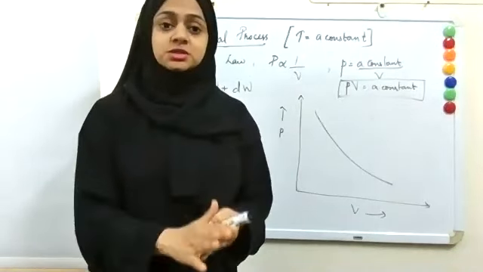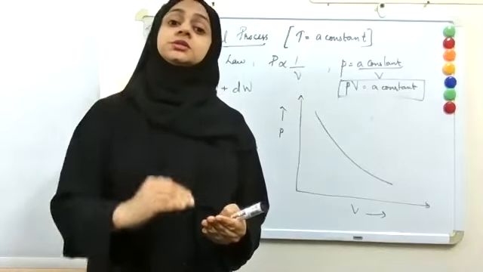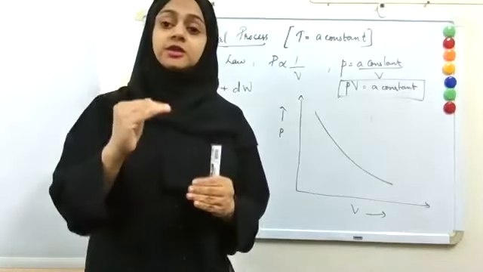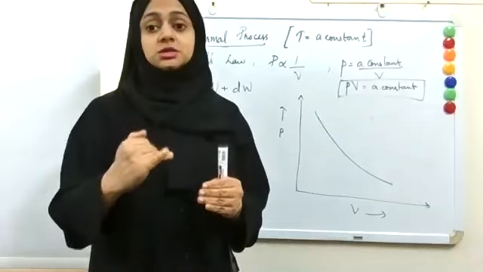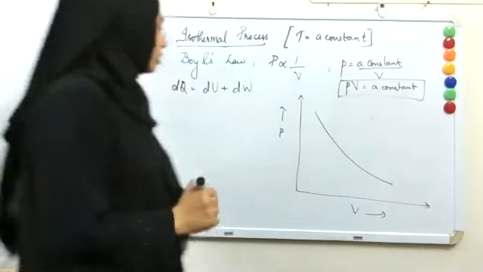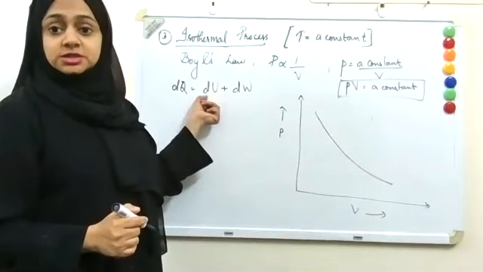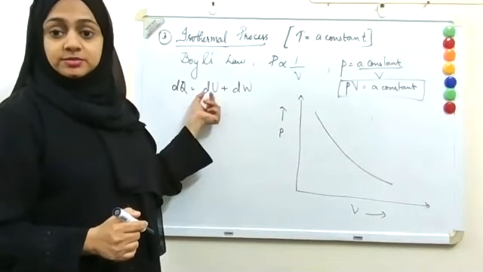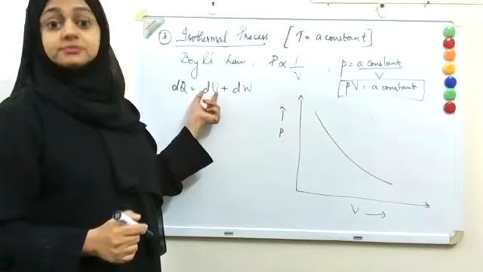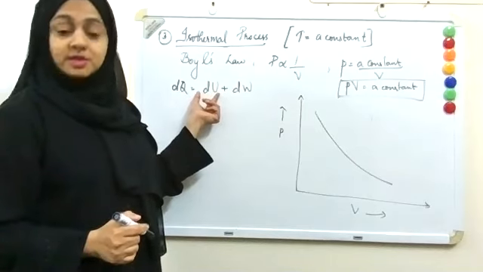If you heat a system and the temperature goes up, its internal energy goes up, and if it cools down, its internal energy comes down. So what about dU, the change in internal energy? There is no temperature change, so the internal energy will not change.